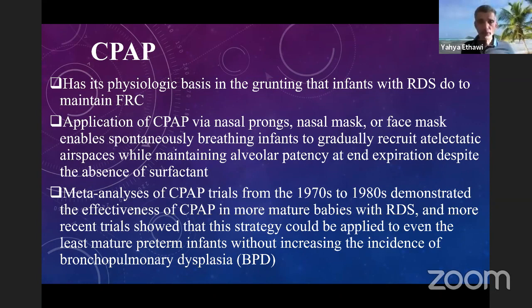And the meta-analysis of using CPAP shows it is a very important tool in the treatment of RDS. And we know that CPAP treats RDS without increasing the incidence of bronchopulmonary dysplasia.